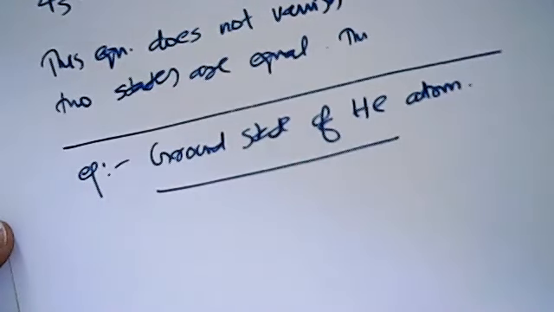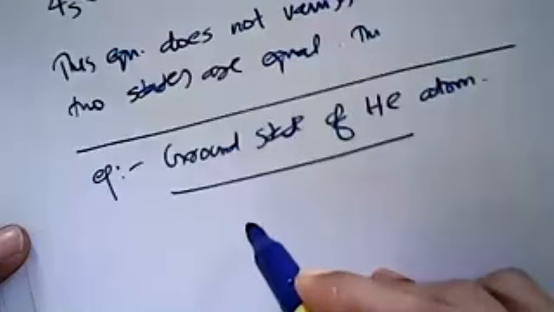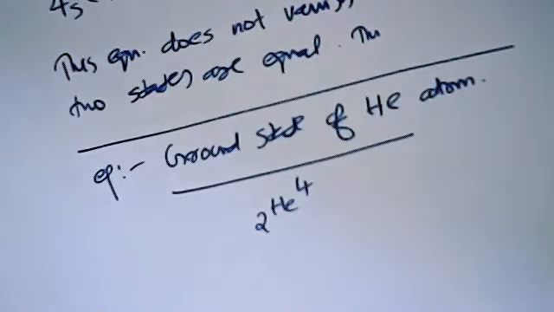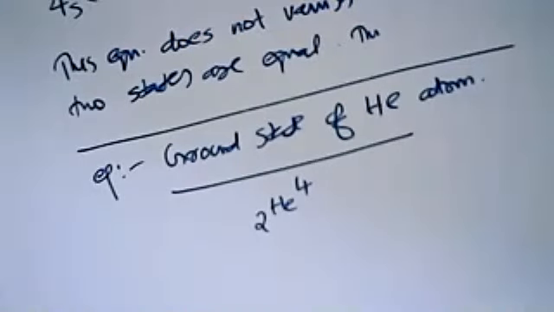So we know that the helium atom is 2He4. So consider only the 2 electrons outside the nucleus.